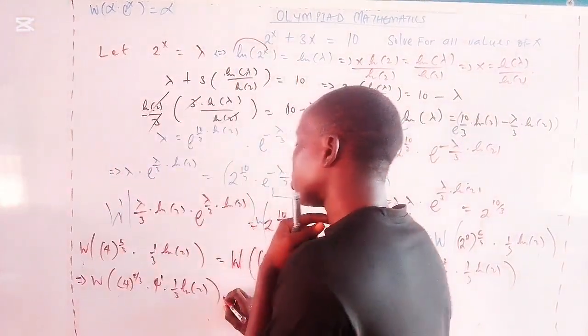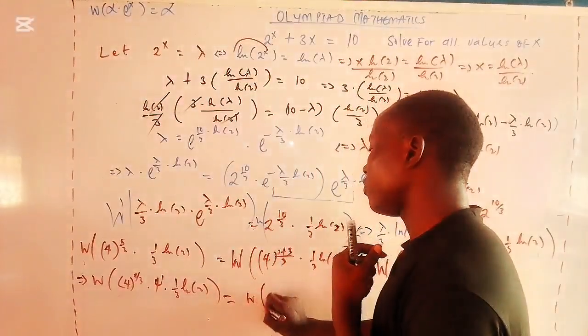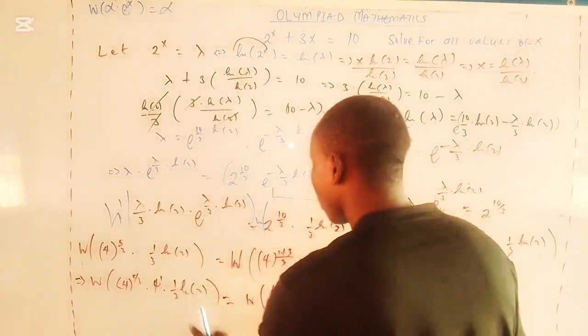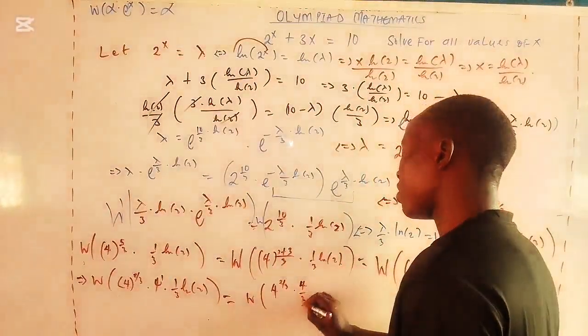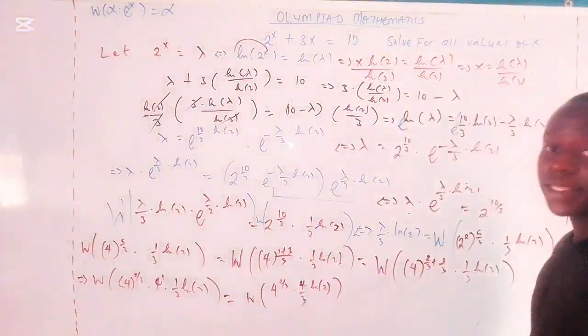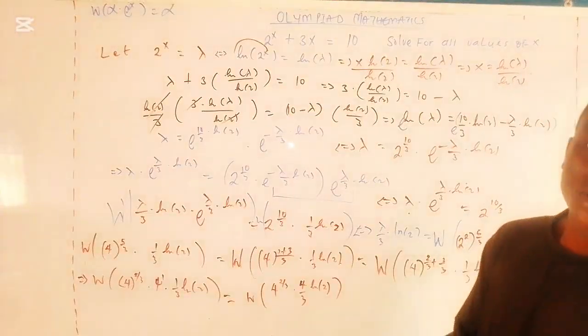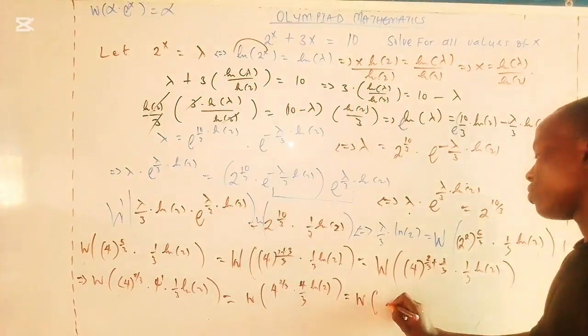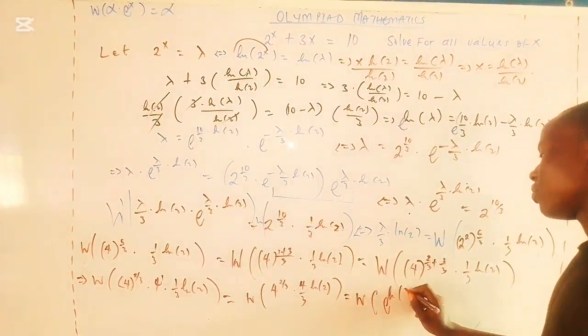That is cool. So this will be equal to Lambert W function of 4 raised to the power of 2 over 3. Then multiply by, now 4 times 1 will give us 4. So you have 4 over 3 multiply by natural log of 2. So actually we can now rewrite 4 raised to the power of 2 over 3 in what? In exponential form. So this will give us Lambert W function of exponential natural log of what? 4 raised to the power of 2 over 3.